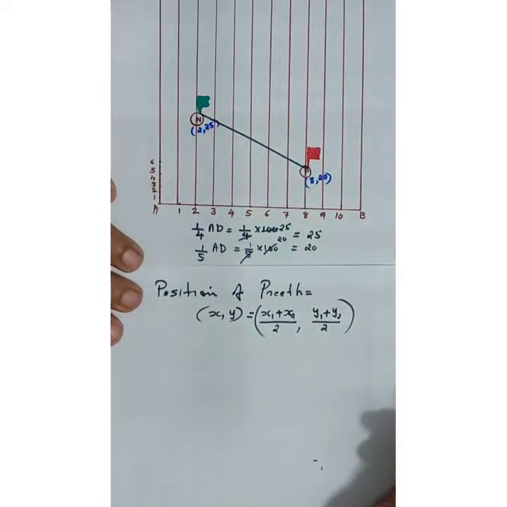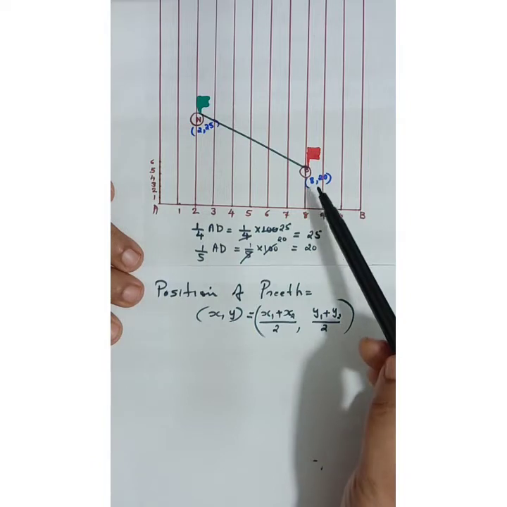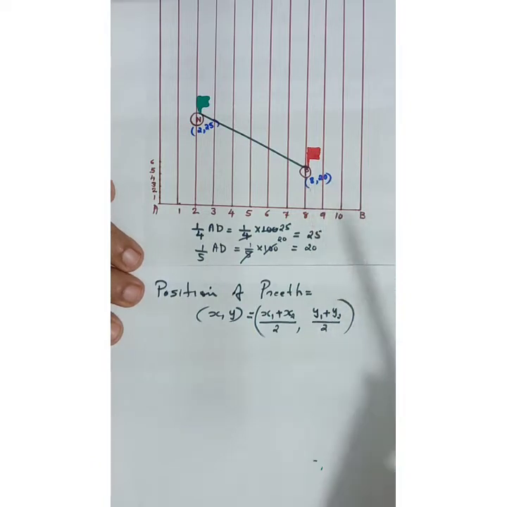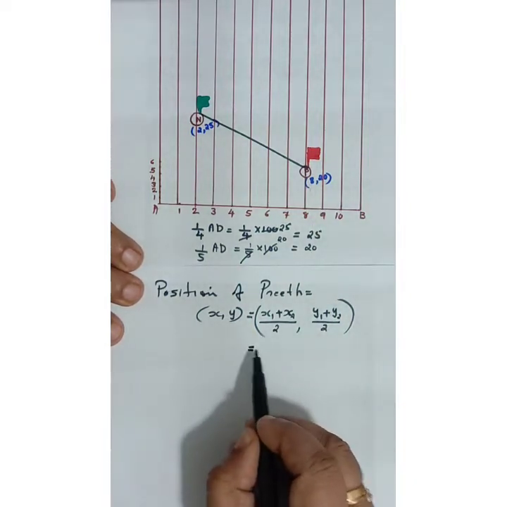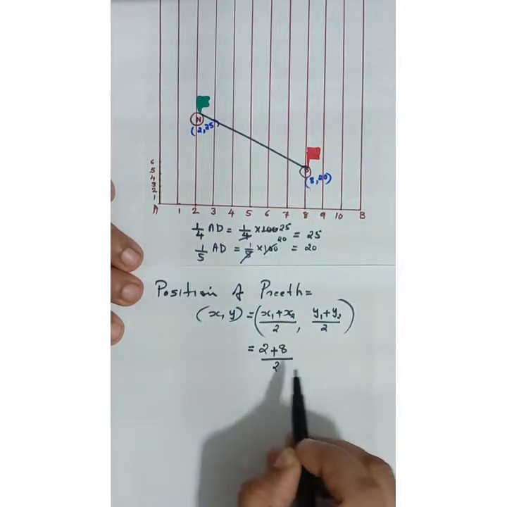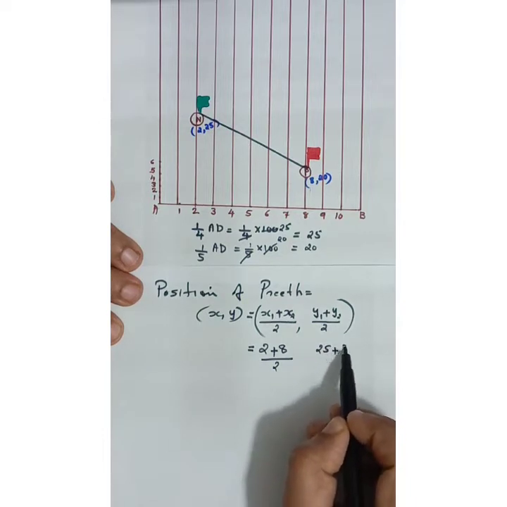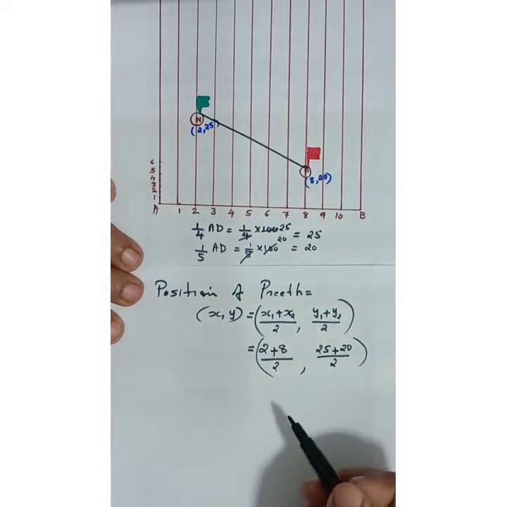What are our x1, x2, y1, y2? This is x1, 2, y1, 25, x2, 8, y2, 20. That is how we have to substitute. x1, 2 plus x2, 8 by 2, and y1, 25 plus y2, 20 by 2.